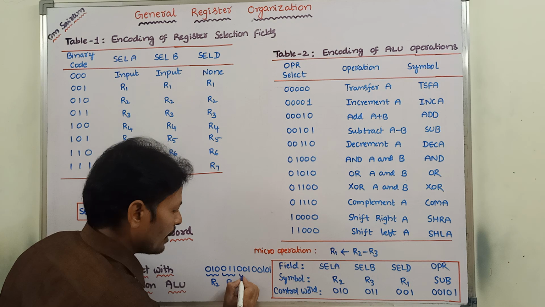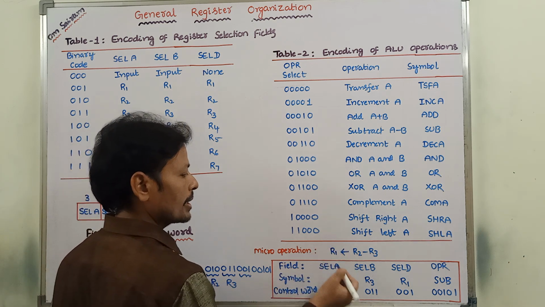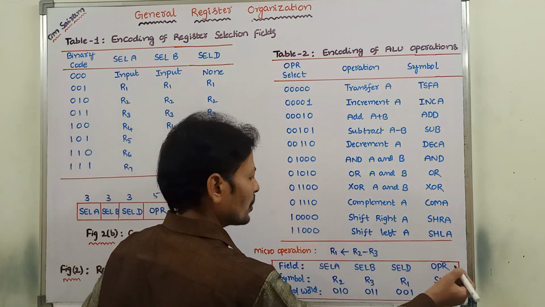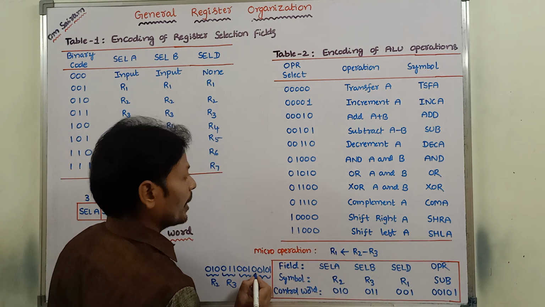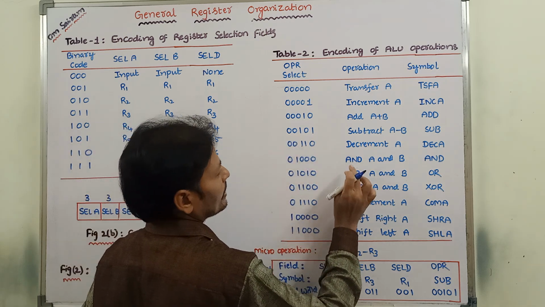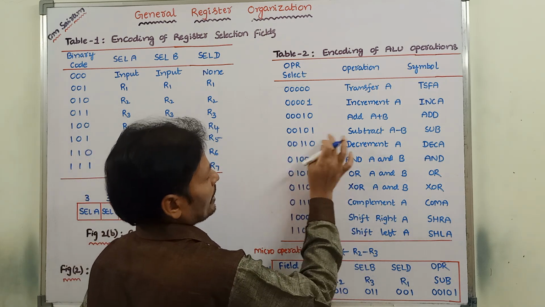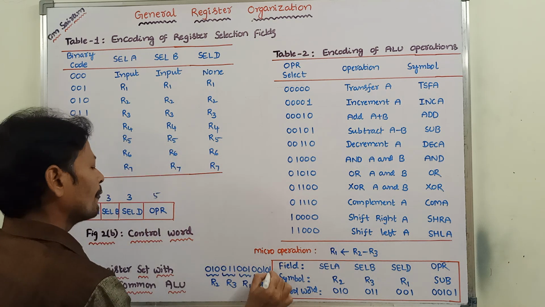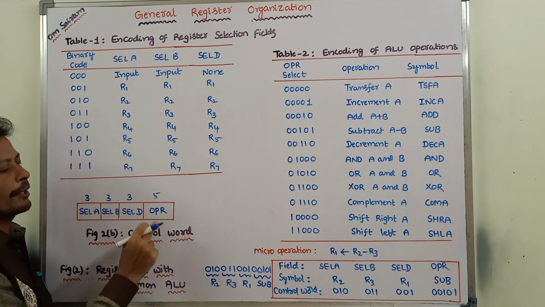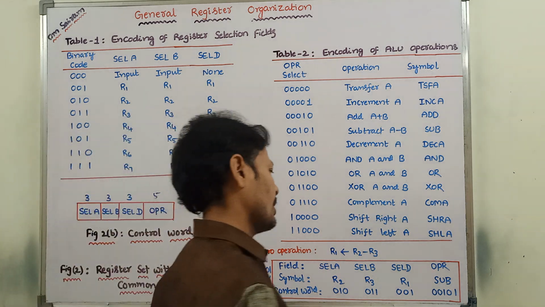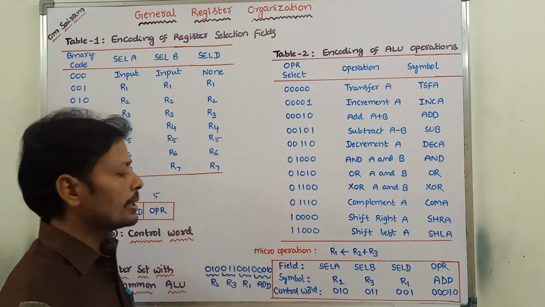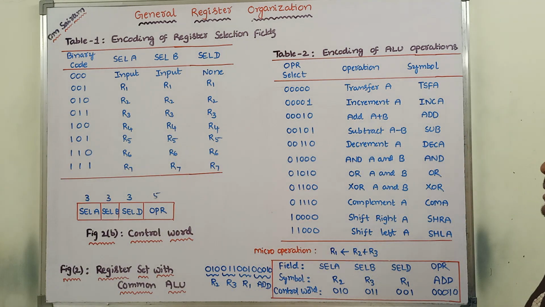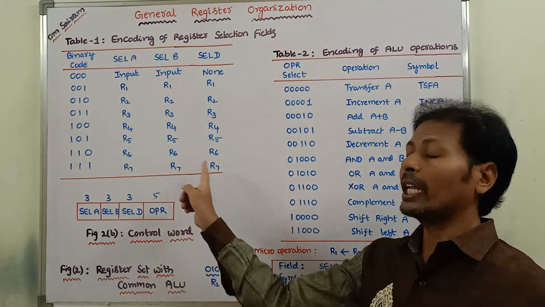Next 3 bits represent the destination register, that is R1, that is 001. Next 5 bits represent the OPR field. OPR field 00101 is nothing but the subtraction operation. This is the 14-bit control word for performing the subtraction operation. In this way we can perform any micro operation that can be represented with a 14-bit control word.